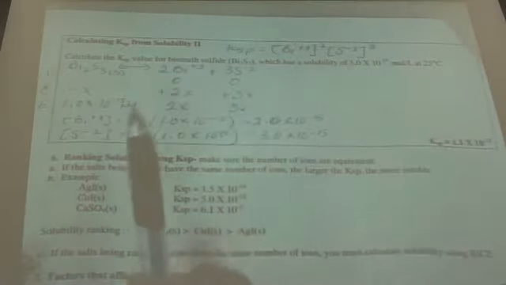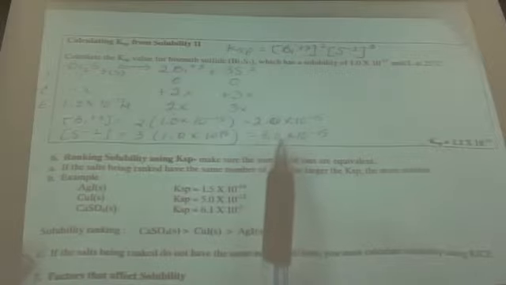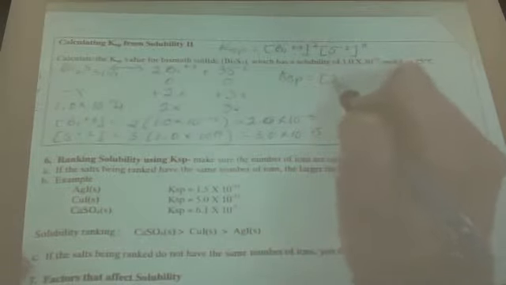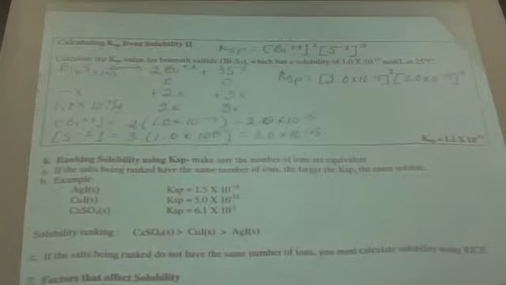Now I've gone from the molar solubility of bismuth sulfide to the ion concentration, so I can put it into my KSP expression. This raised to the second power times this raised to the third power is going to give us this eensy-beensy number.